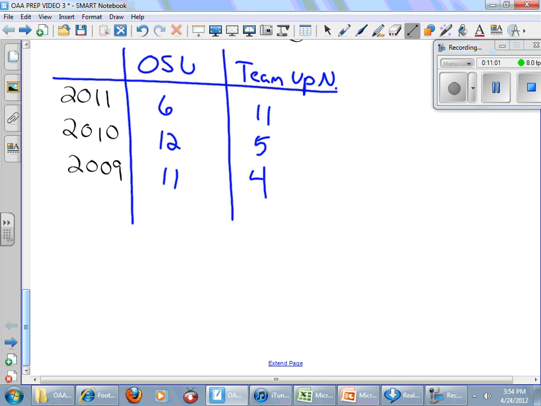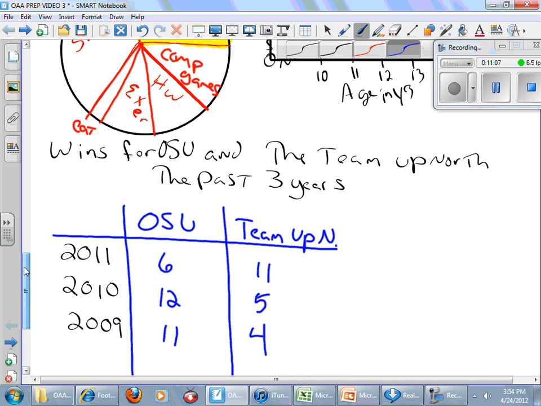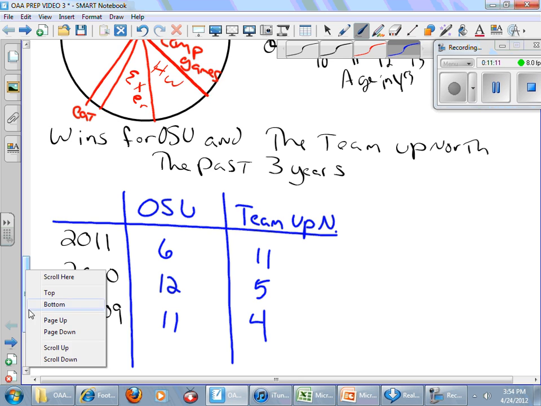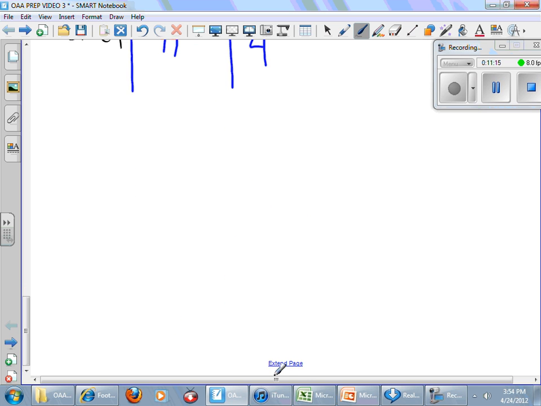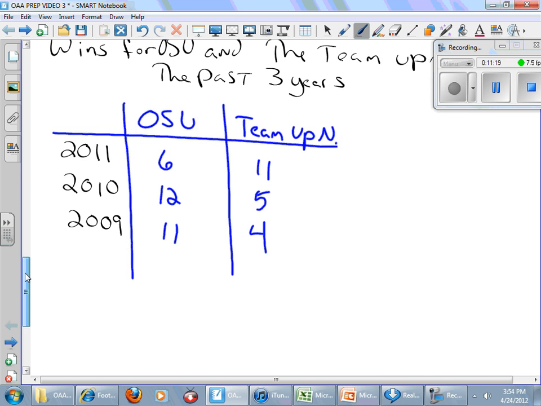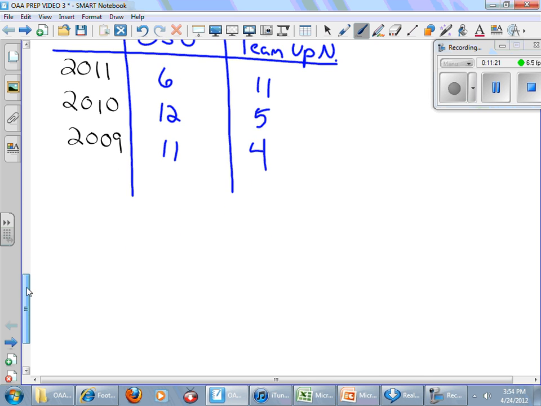All right, here's one with the past 3 years, the number of wins for Ohio State and that team up north. On this one I might do a stem and leaf plot, or actually I was thinking a double bar graph. I think I'm going to go double bar graph on this.